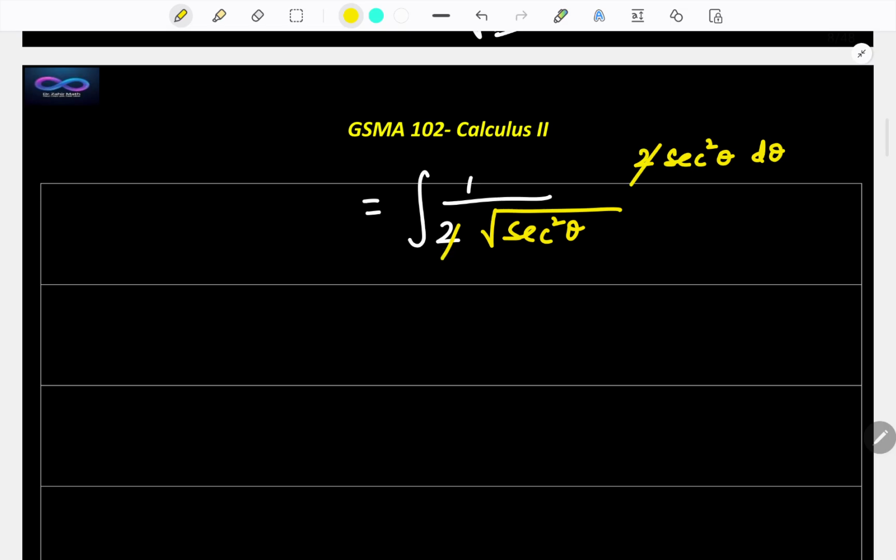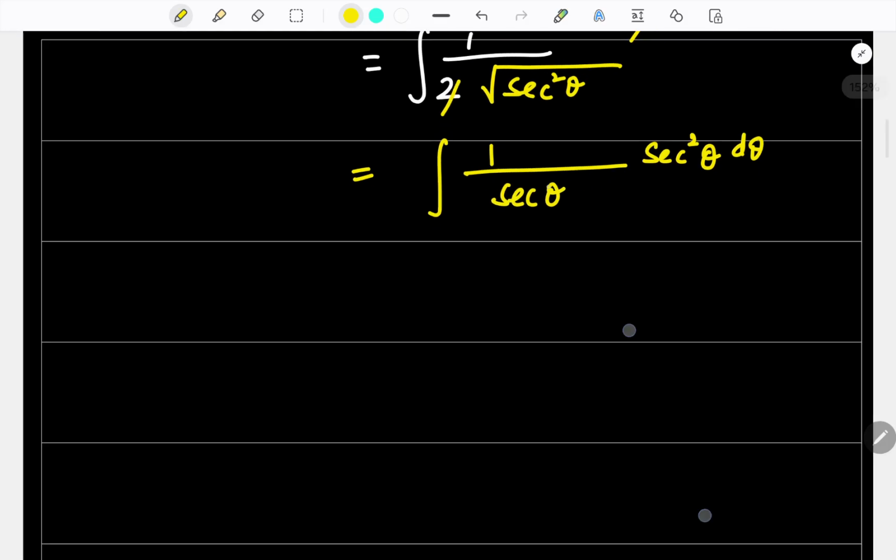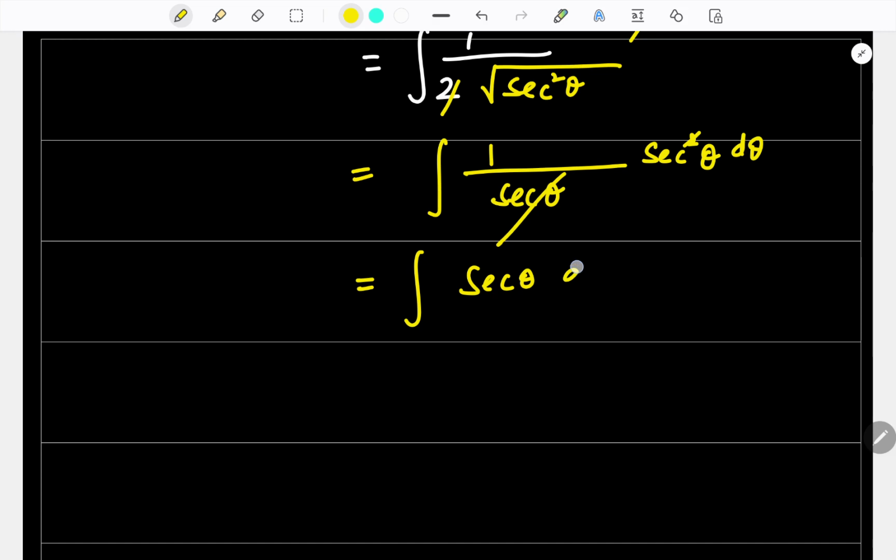So the 2 gets cancelled. And then 1 divided by root of secant square theta is secant theta, and then secant square theta d theta. Now one secant theta gets cancelled, so you will get integral secant theta d theta.